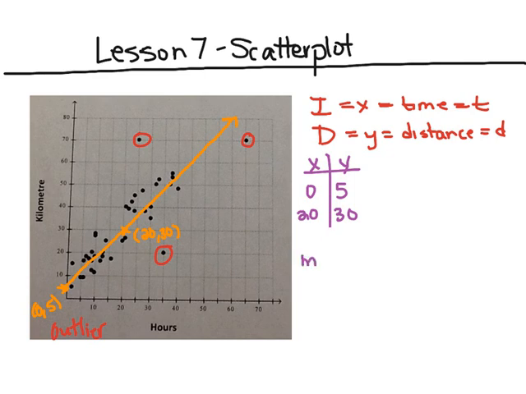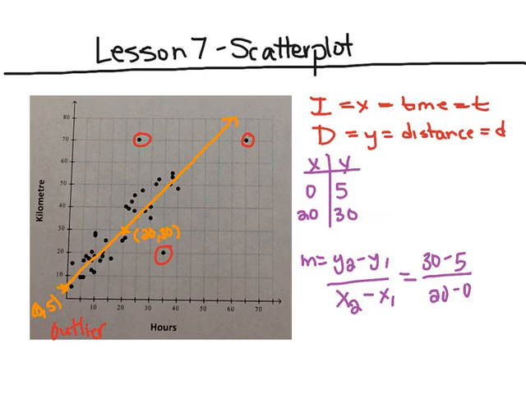Our slope is equal to y2 minus y1 over x2 minus x1, which is 30 minus 5 over 20 minus 0, which is 25 over 20, which is equal to 1.25. And our intercept is at (0, 5), so b is equal to 5.